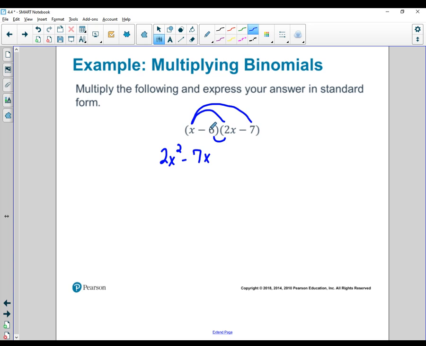So negative 6 times 2x is going to be negative 12x. And negative 6 times negative 7, negative times a negative is positive, and then 6 times 7 is going to be 42. And now we're not done because notice in the middle here we have two things that both have an x, so we can combine those.